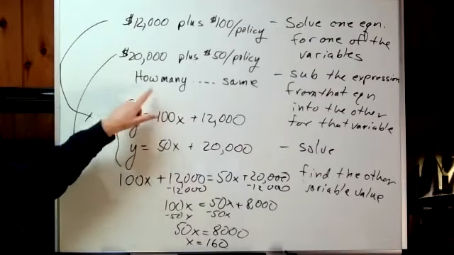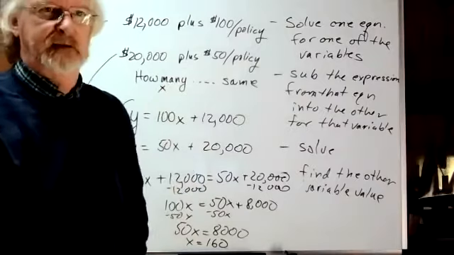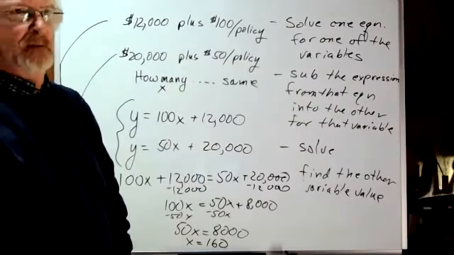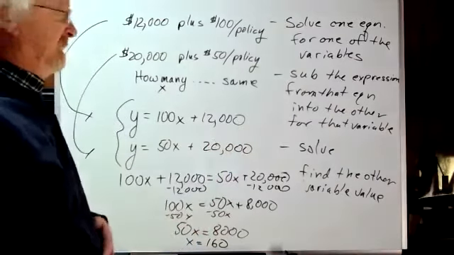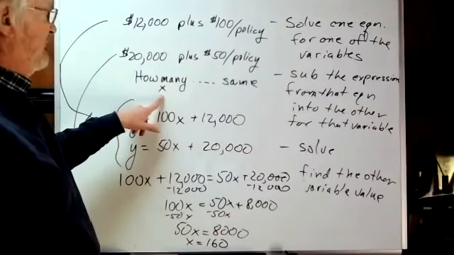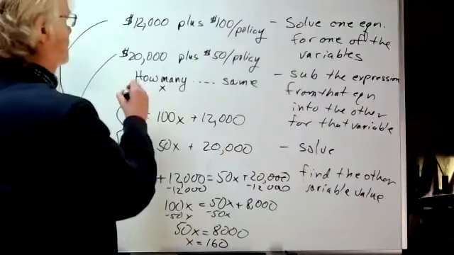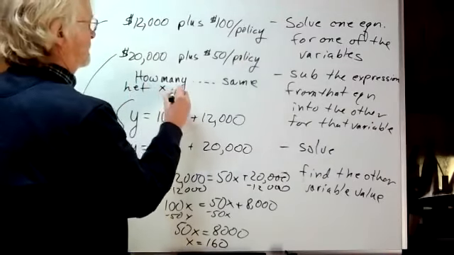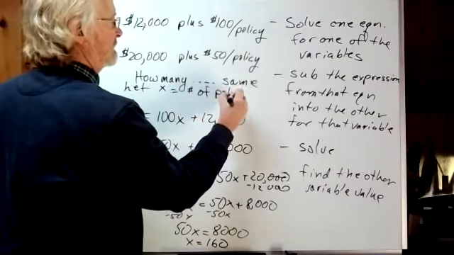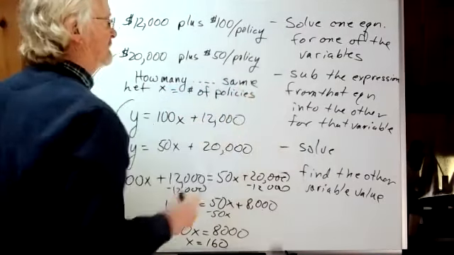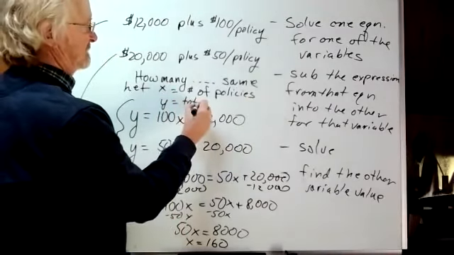X was how many policies, right? Probably should back up and say, when you're talking about an application problem, you need to define the variables for yourself. That's like X equals how many policies, and Y equals total earnings.